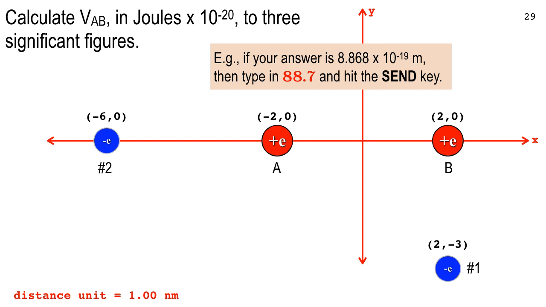For the K, didn't we use 8.99 or 9? For K, use 9 times 10 to the 9 newton meters squared per coulomb squared.